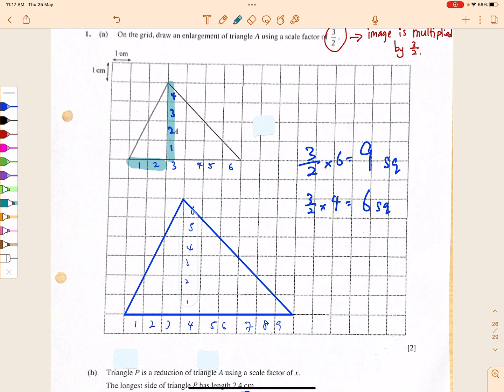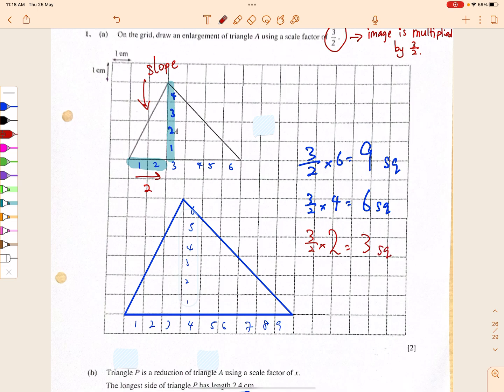So for example, if I can identify this slope here as 2 units to the right and then 4 units up. So I could take 3 over 2 times 2 units, and then I have 3 units, right?